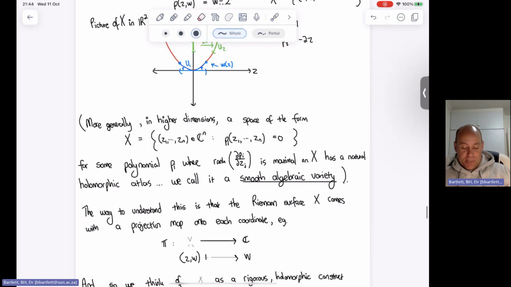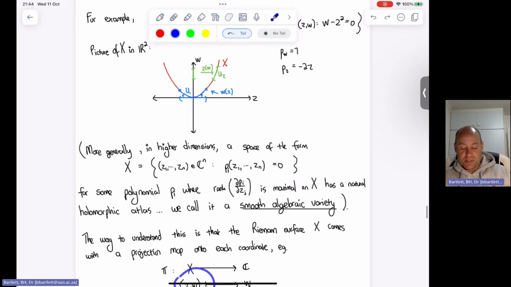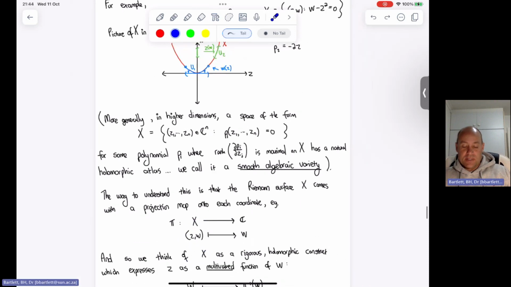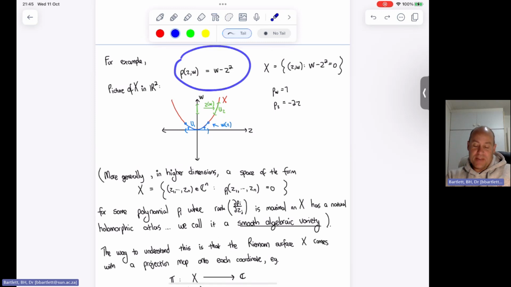I can take a point (Z, W) on X and map it to, for example, W or to Z. But let's think about the map to W for now, because that's the more non-trivial one. Because this allows us to think of X as a rigorous holomorphic construct which expresses Z as a multi-valued function of W.